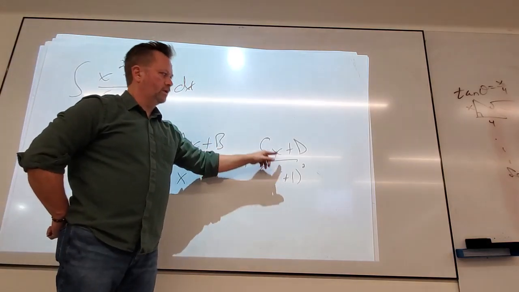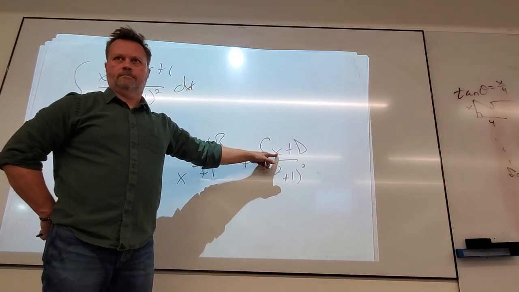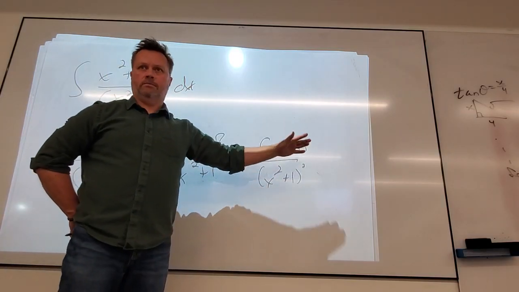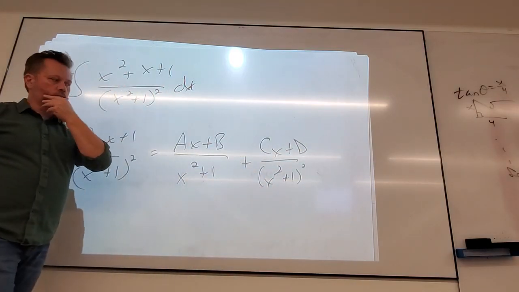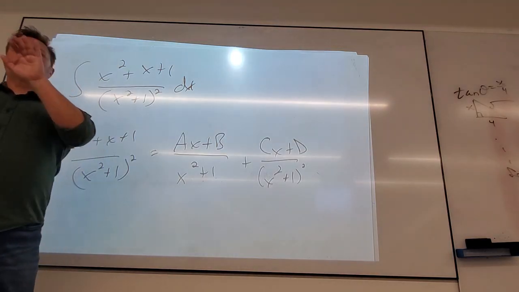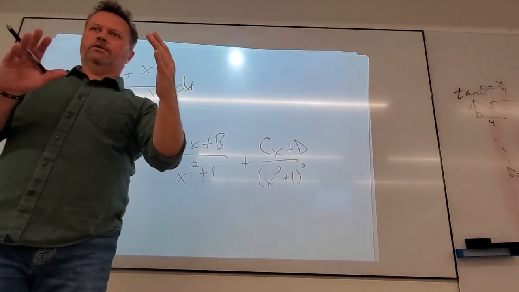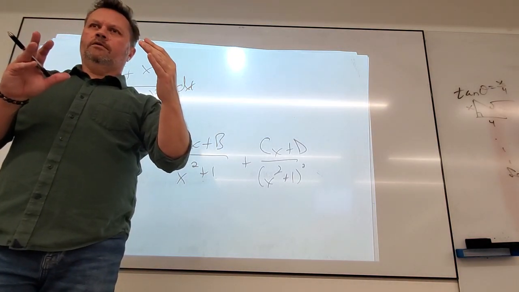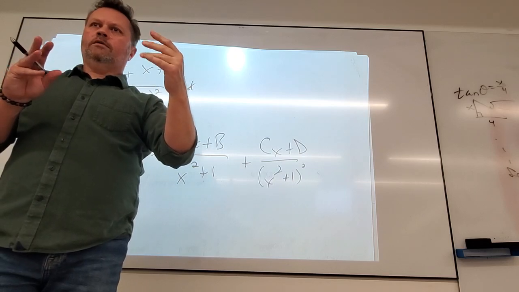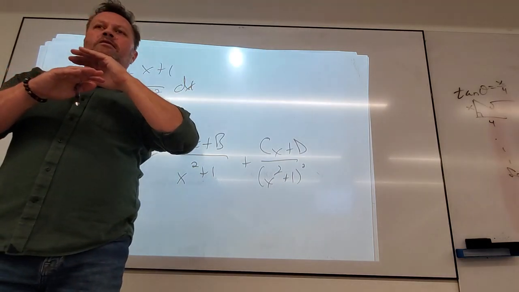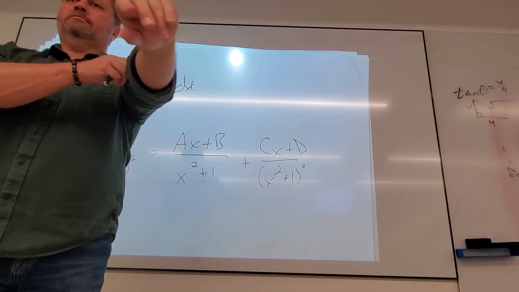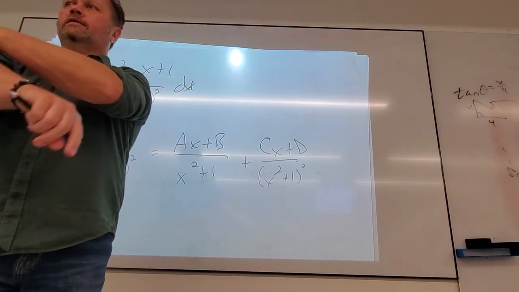This 2 just means it's repeated. But why is there the plus b and the plus d added onto it? What's the most general first degree expression? Give me a linear function. First degree, right? That's linear.